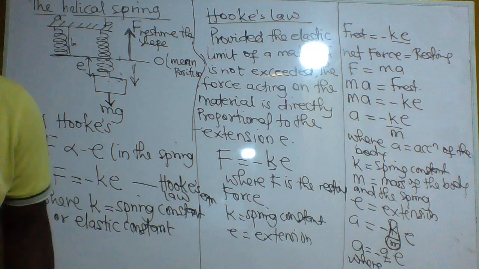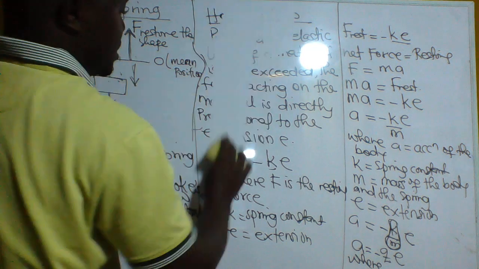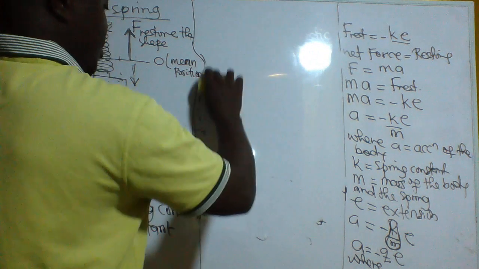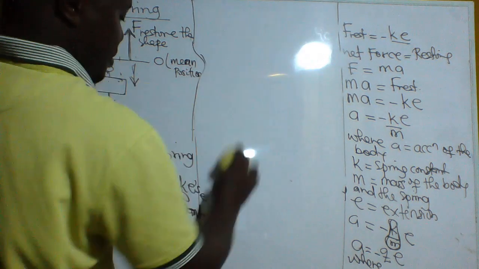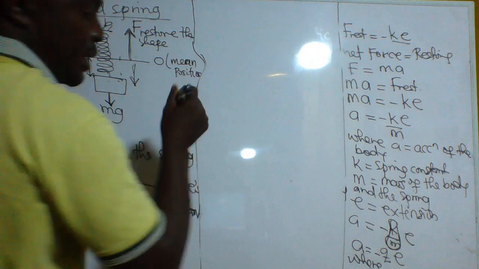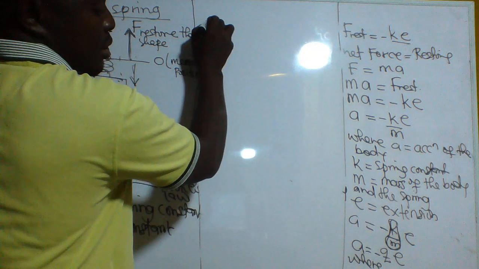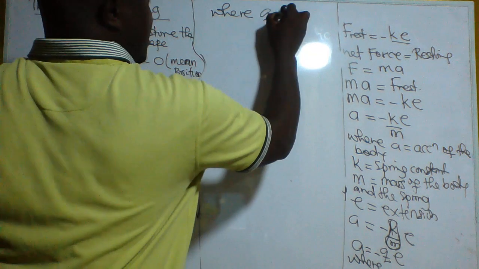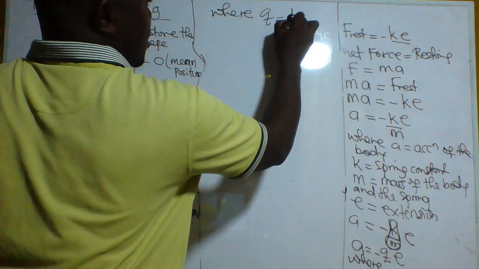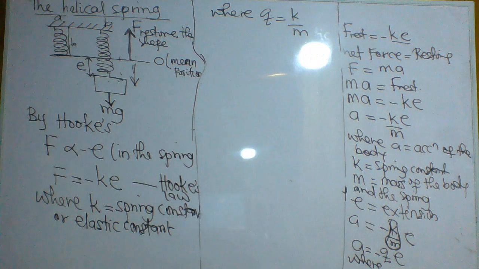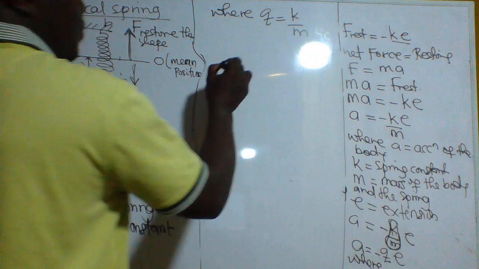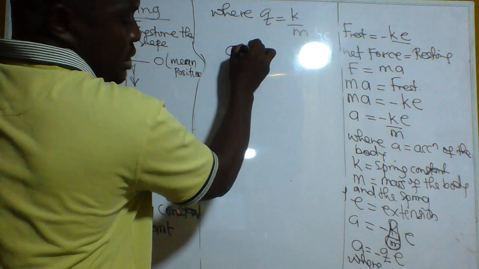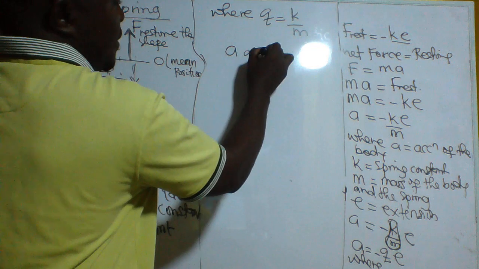where Q is equal to k on m. So if Q is equal to k on m, then we can say that a is directly proportional to minus e.